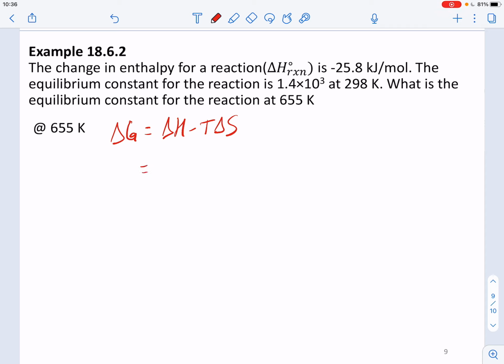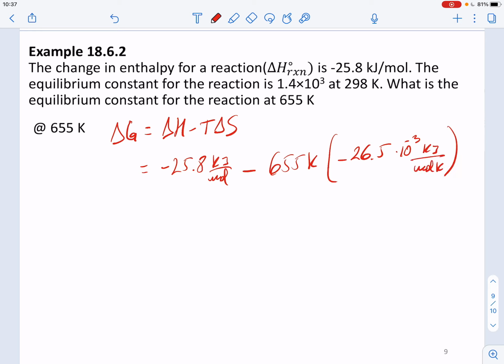So this is equal to minus 25.8 kilojoules per mole minus 655 Kelvin times minus 26.5. Let's convert this to kilojoules: 10 to the negative 3 kilojoules per mole Kelvin.